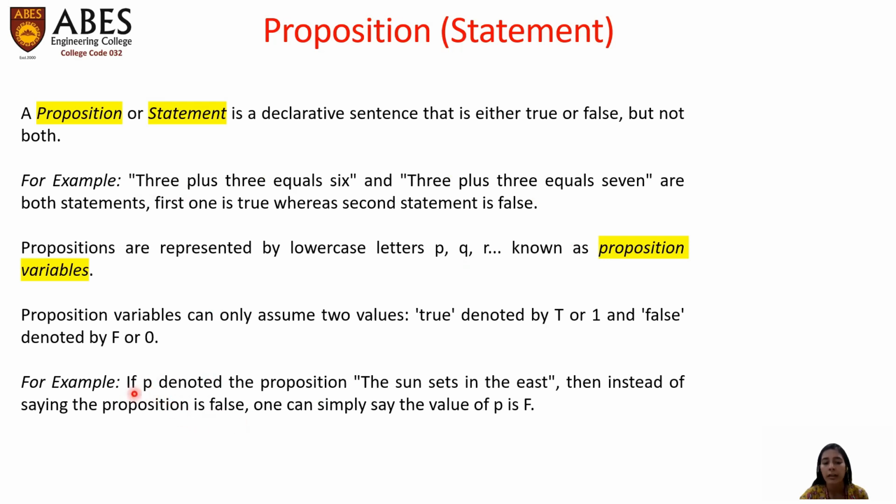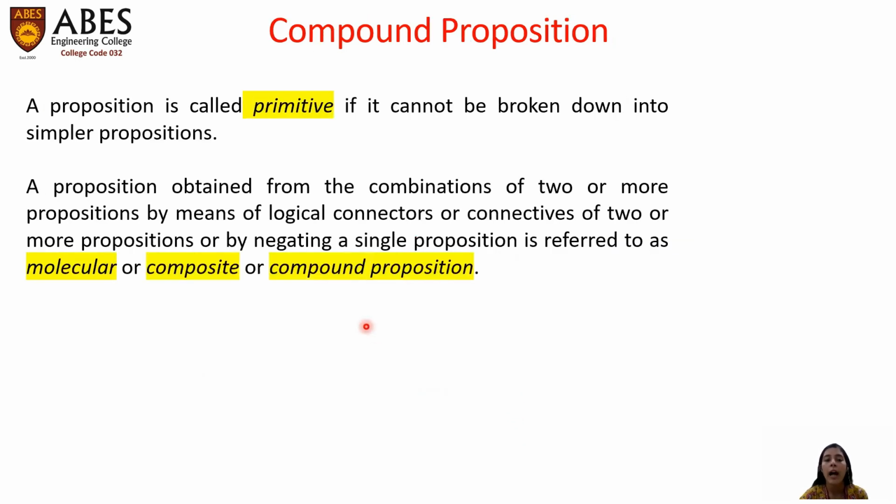In that case, the value of variable p is 0, or false. So a proposition is a statement whose value can be either true or false, but not both at the same time.